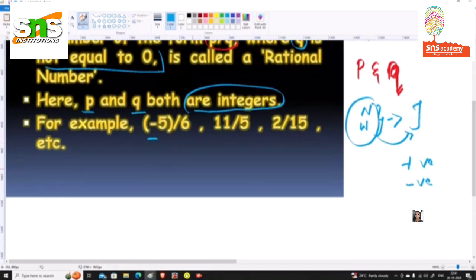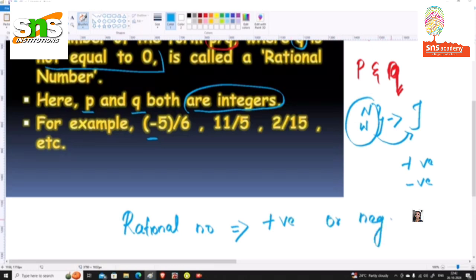So we can give any example. Why have they given a negative number here? Yes, a rational number can be either positive or negative.